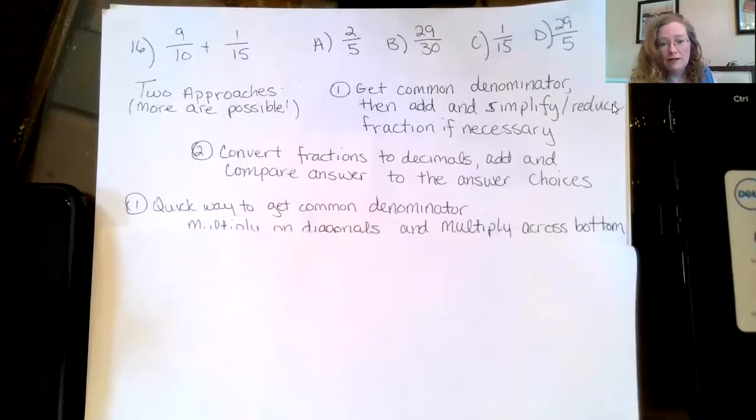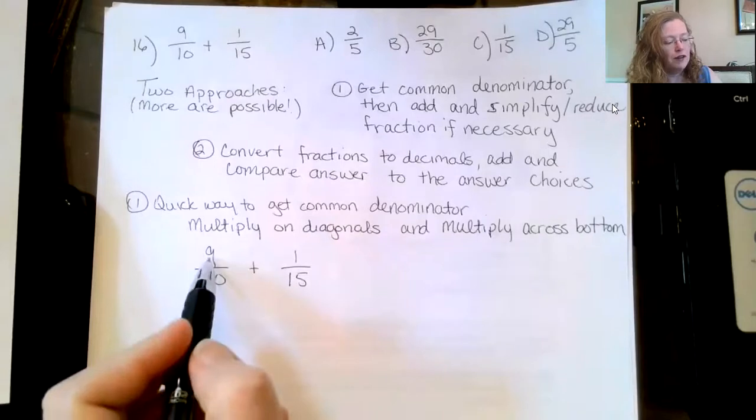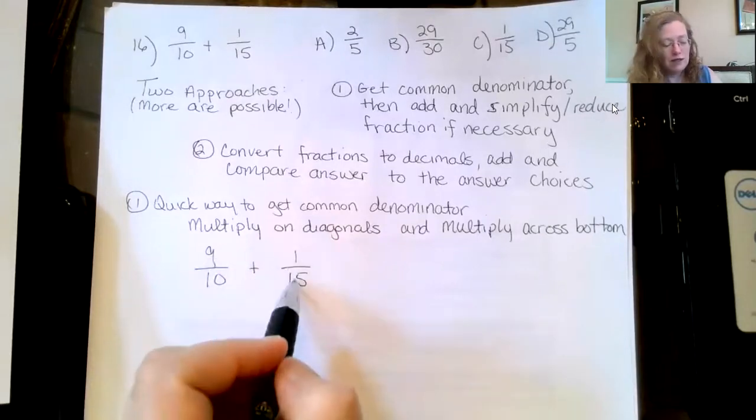A quick way of getting the common denominator, it's not always going to be the lowest or least common denominator that you might have learned in school. You can multiply on the diagonals and multiply across the bottom, then add. So here's what we have with 9/10 plus 1/15.